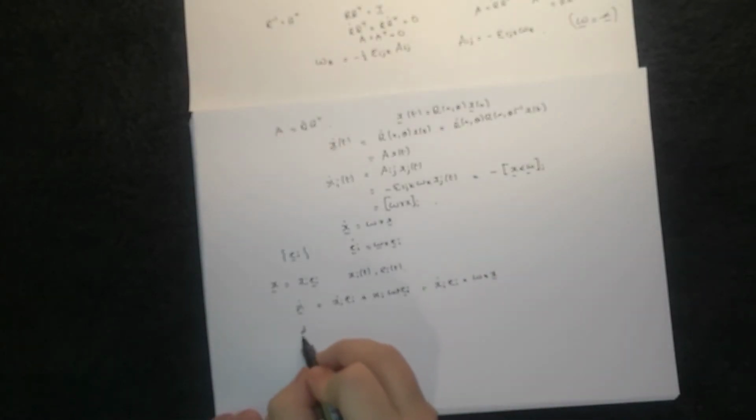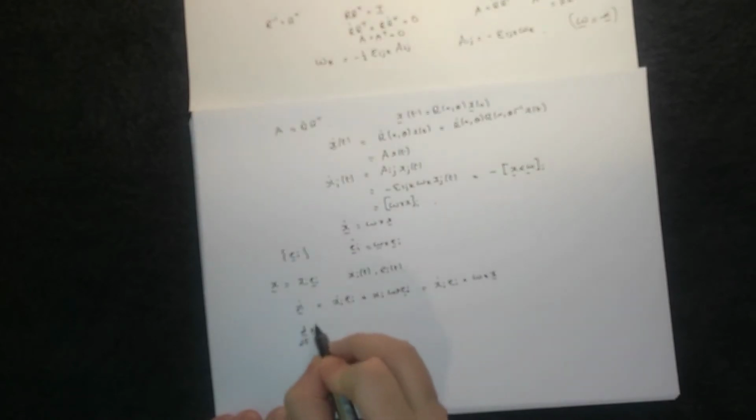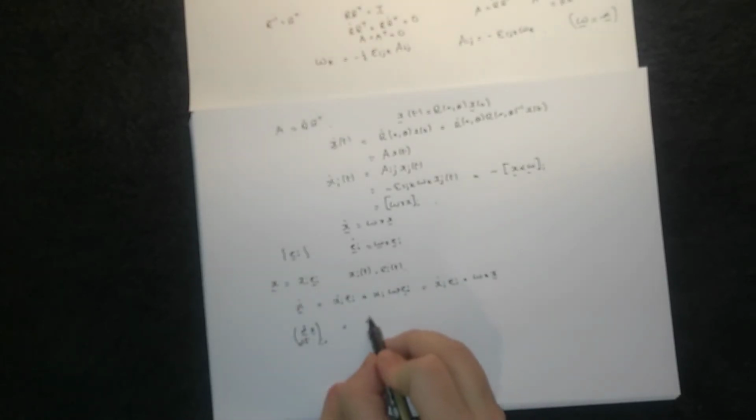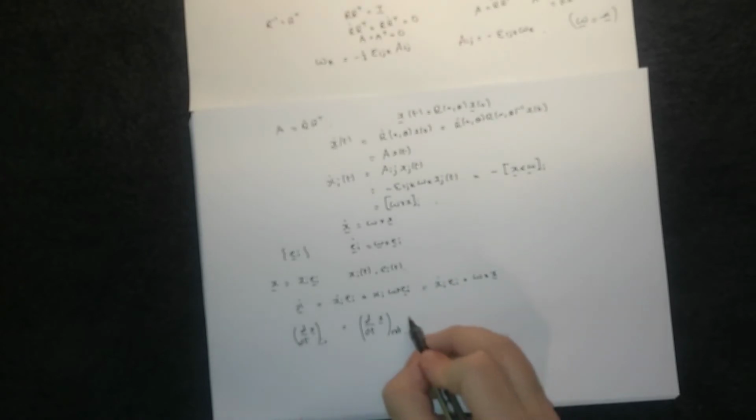Well, this is the time derivative of x in the inertial frame. This thing is the derivative of x if you measure everything in the rotating frame, and that's omega cross x.